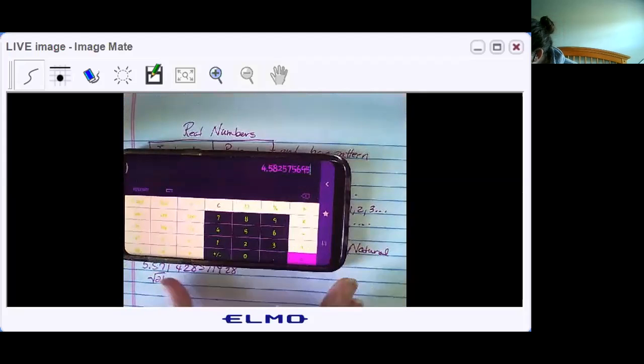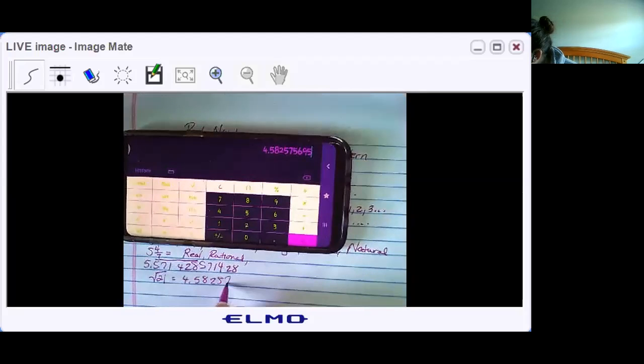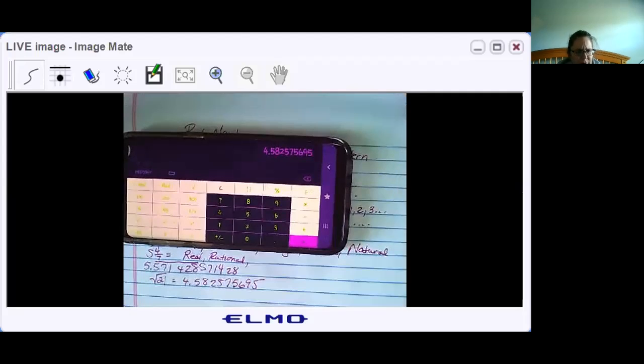Oh my goodness, I get 4.582575695. Is there a pattern in that anywhere? Other than just a 5 coming up all the time. But is there a set of numbers that repeats itself in the same order? There's not, and this is not going to end just because my calculator ends the calculation right there.